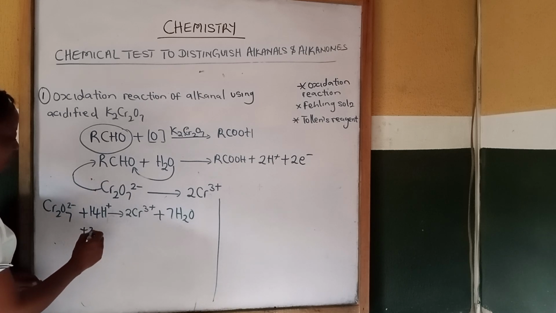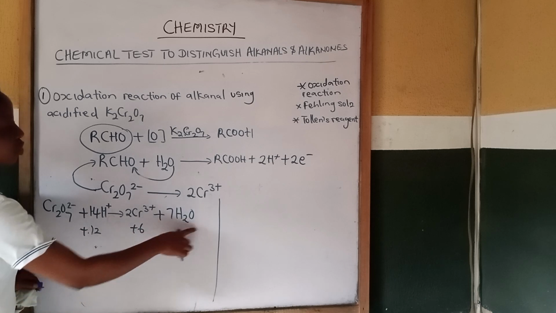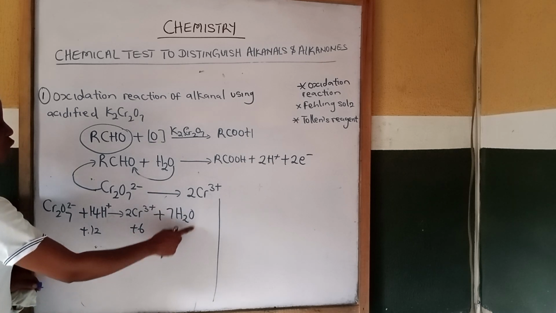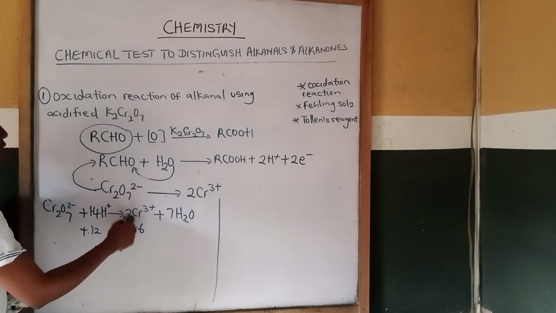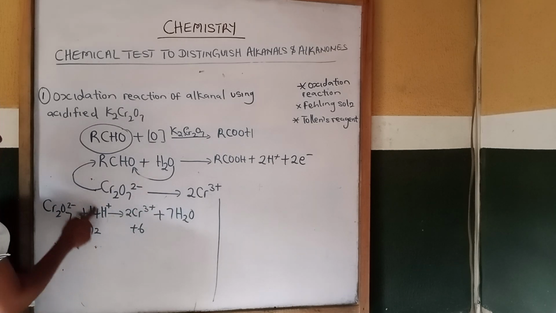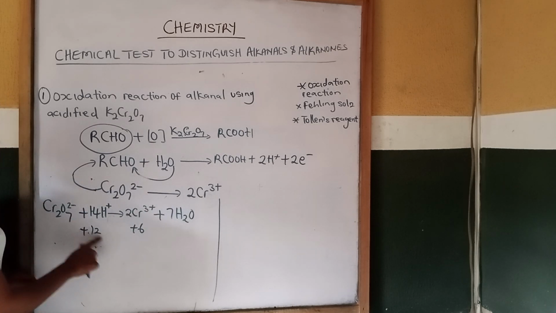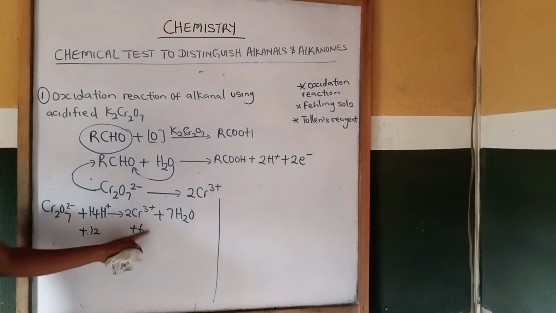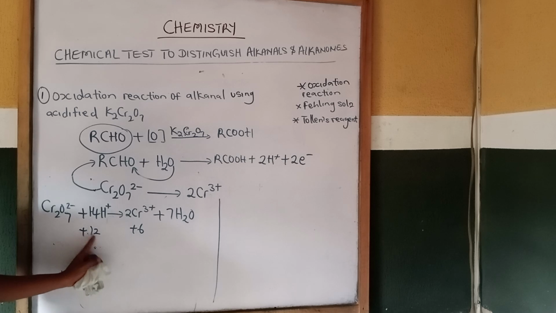So plus 12 here and plus 6 here. This is a free molecule, so the oxidation number equals 0. The oxidation number for this one is plus 6, and at the other side it is plus 12, that's minus 2 plus 14. So we have to balance both sides, as we have more oxidation number at this side than this side.